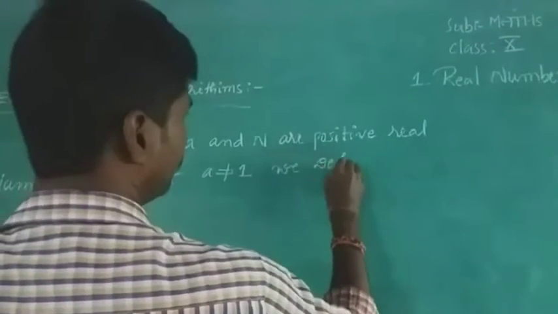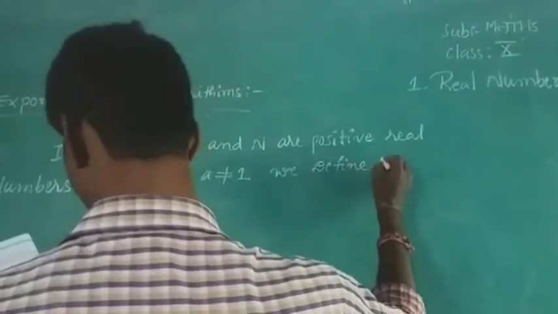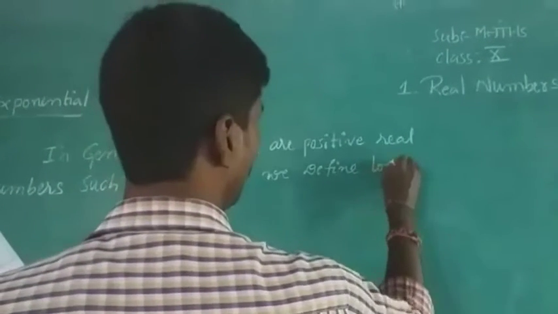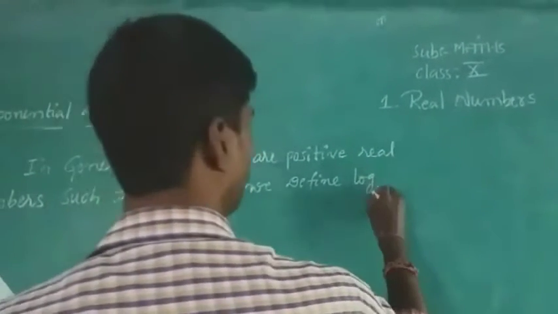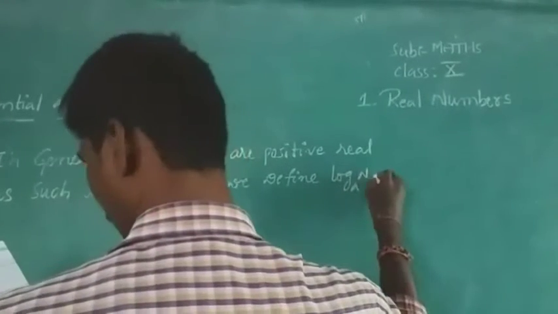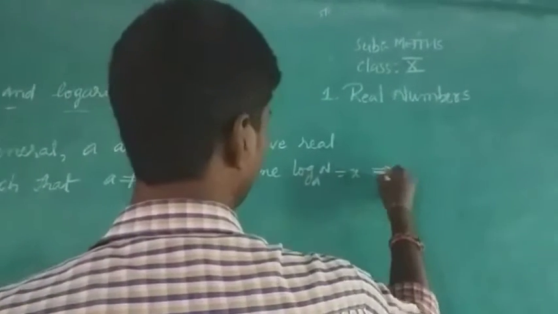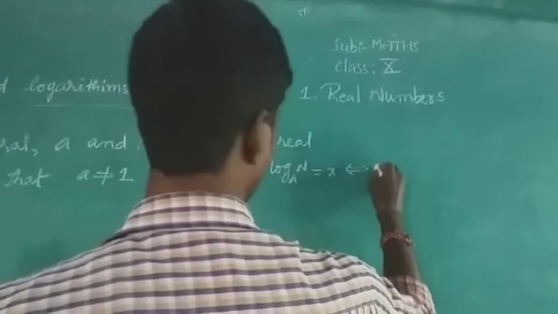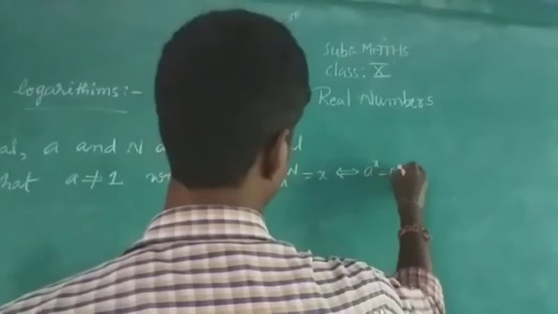We define log base a of N is equal to x. That implies you can write it like this: a to the power of x is equal to N.